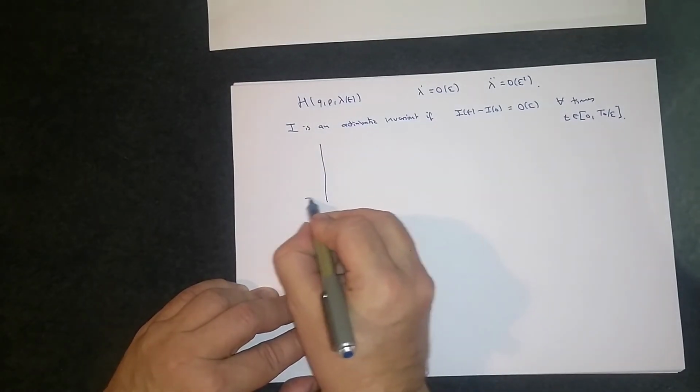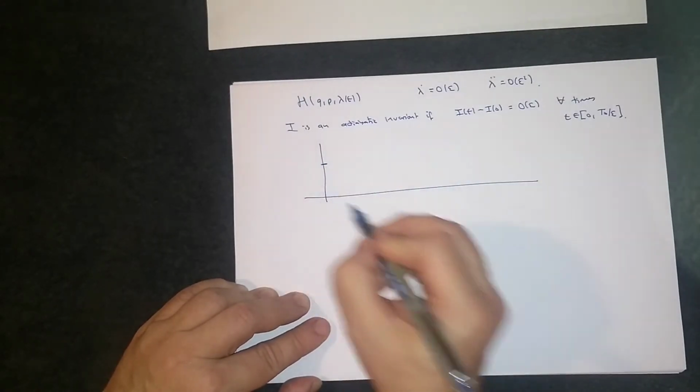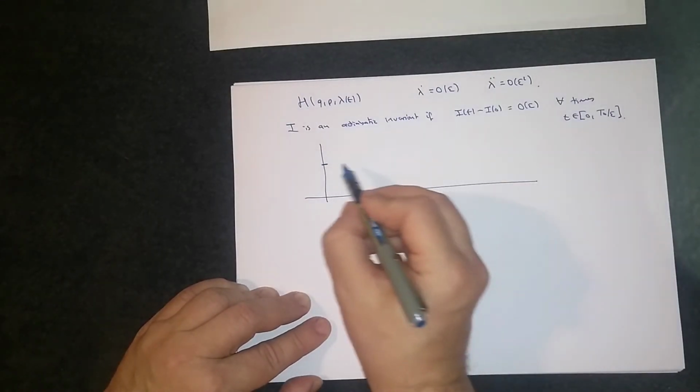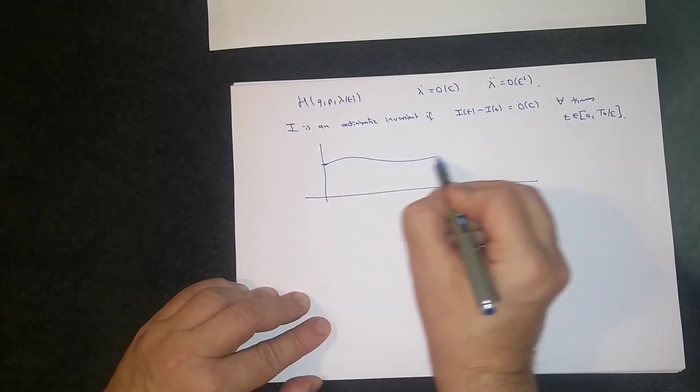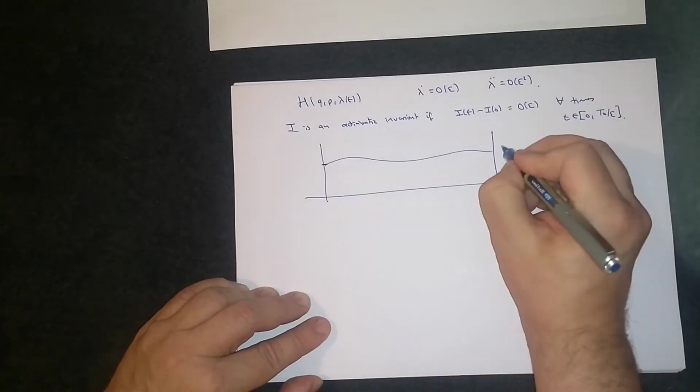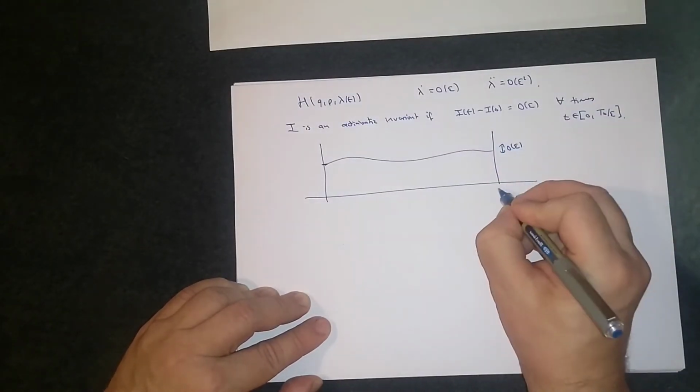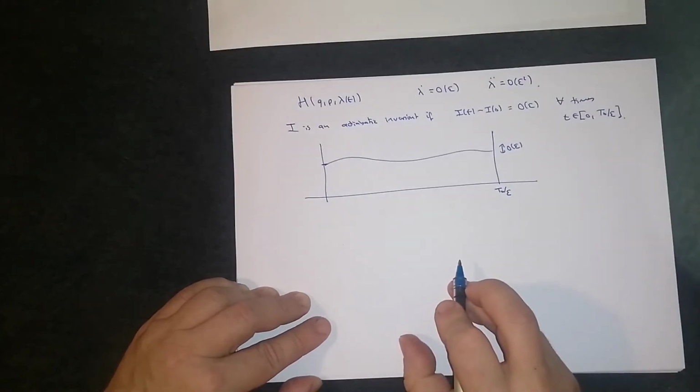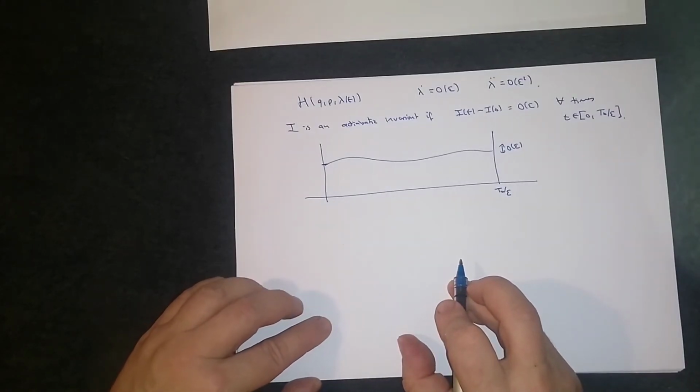So we have a diagram. Suppose that's our starting point. Then we want it to change to be no more than order epsilon when that's t0 over epsilon.